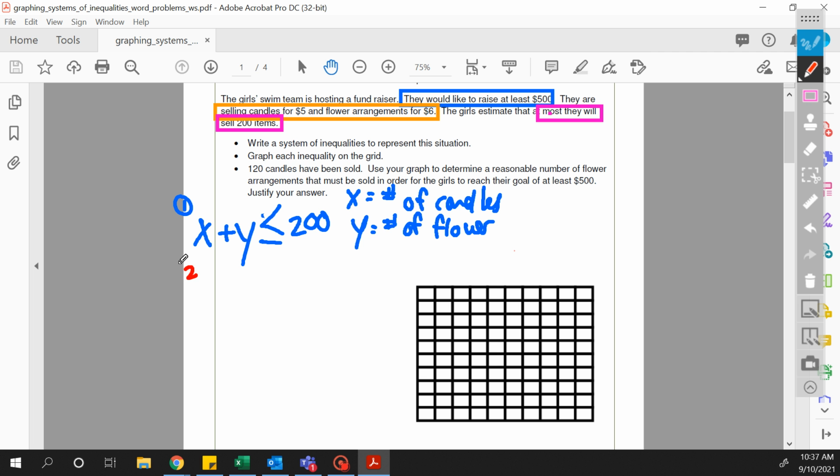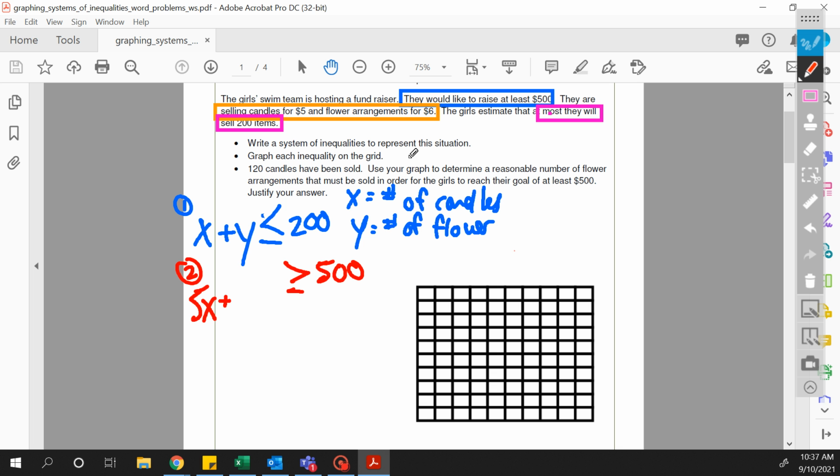Our second inequality is going to be for how much money they're going to raise. They want to raise at least $500, so they want to raise more than 500 or equal to 500. For each candle, they're selling them for $5, so that would be 5 times the number of candles.